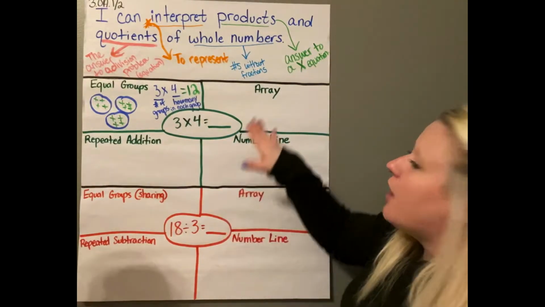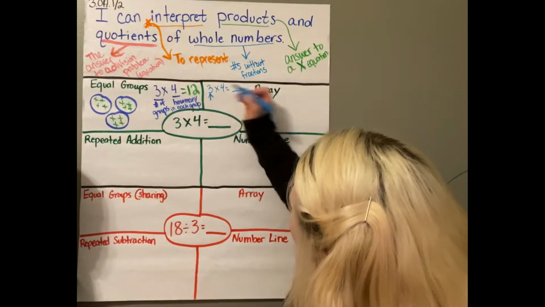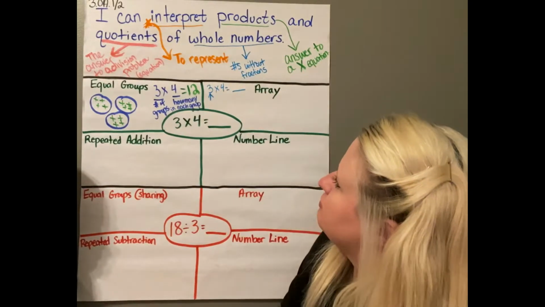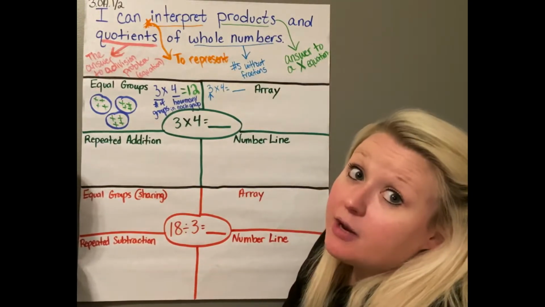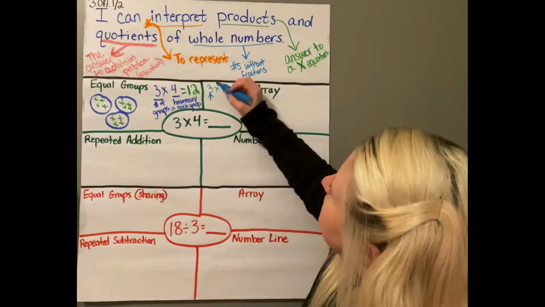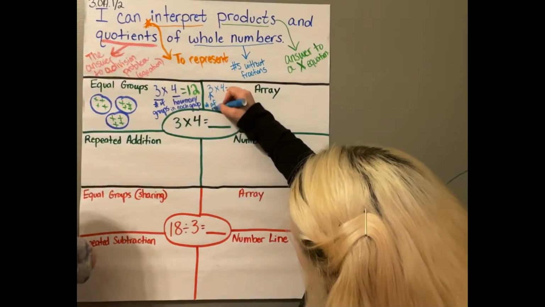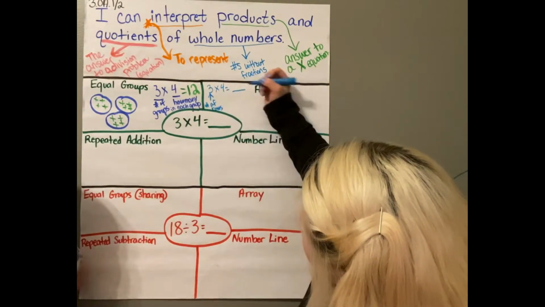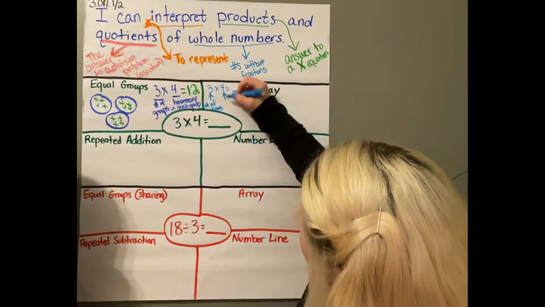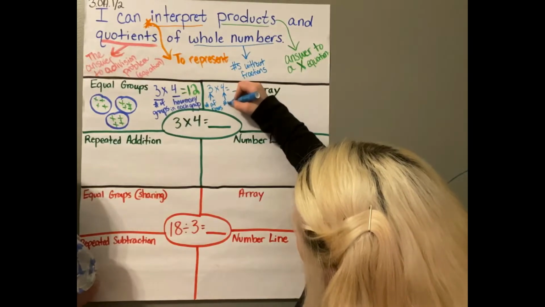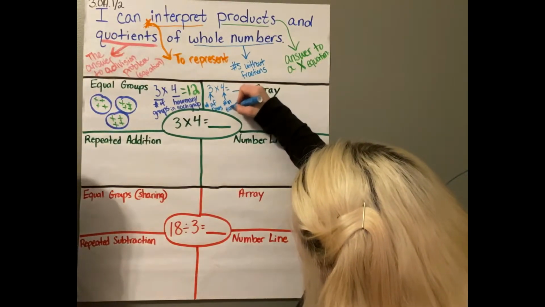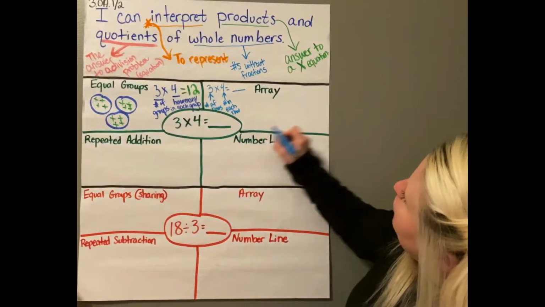Let's go over to our array. The first factor, because remember the numbers that we're multiplying are factors, is going to be number of rows. And your second factor is going to be number in each row. Remember, rows go this way.